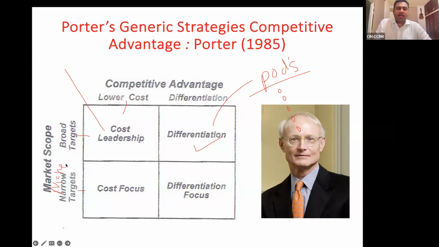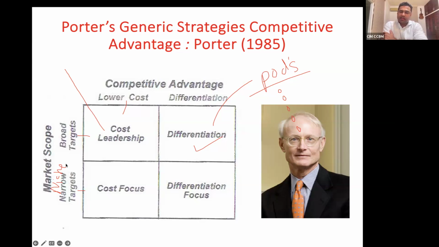So what are some of the brands that target narrow markets? If you look at luxury brands, luxury car brands, the Bugatti, Lamborghini, right?